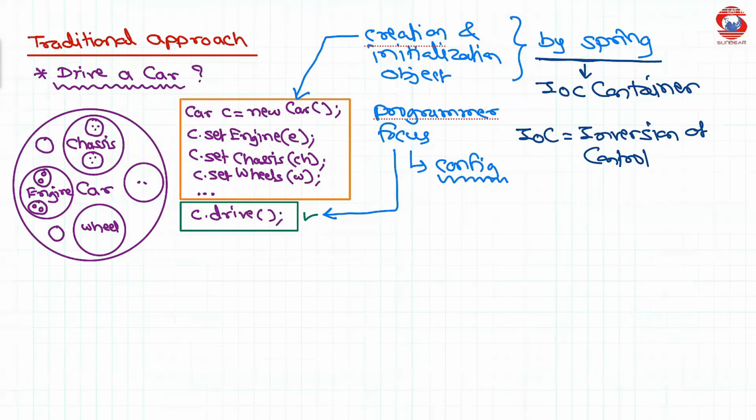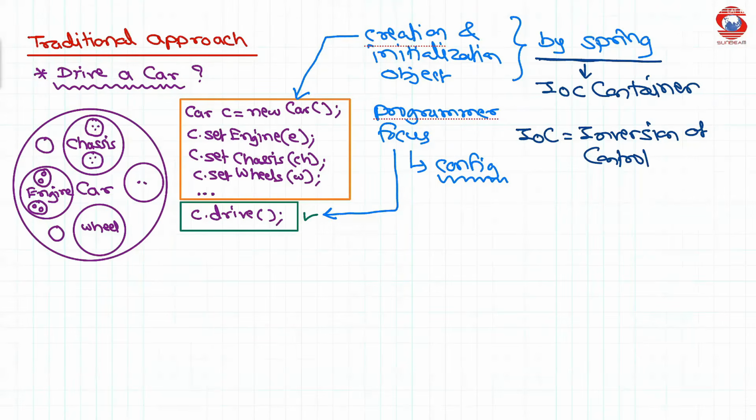Because in interviews, this is the most common question: why is Spring called IOC? And I guess I have already given the answer. The traditional approach was that I create the object and I call the business logic, so object creation and initialization was my responsibility.